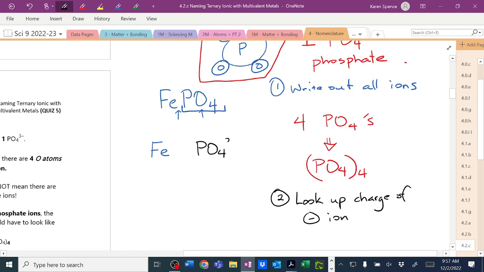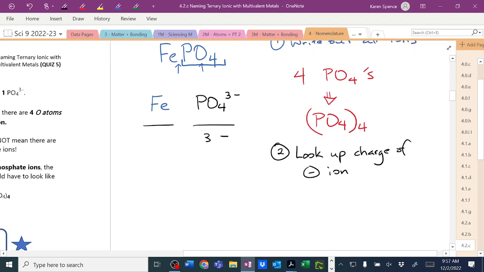It is 3 minus. So add up your total negative charge. Not much to add here. It's just 3, so the negative charge is minus 3. So our third step was find the total negative charge.